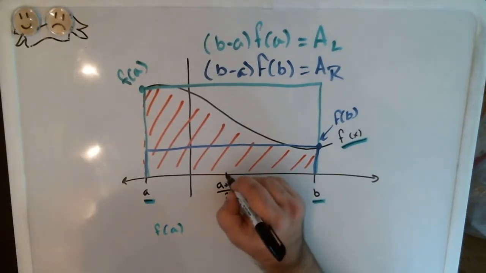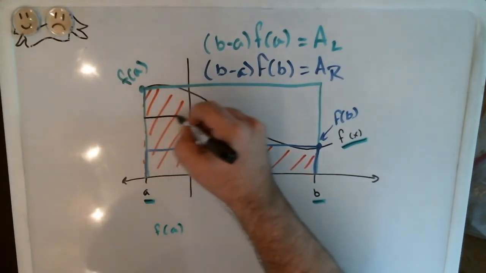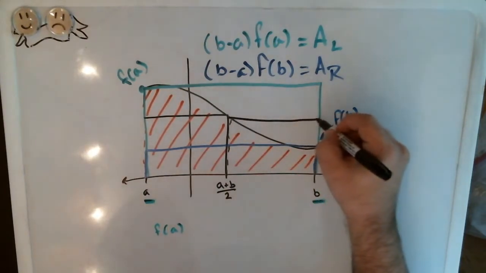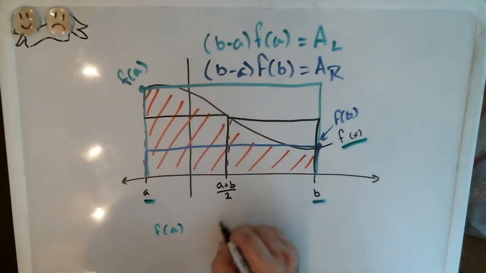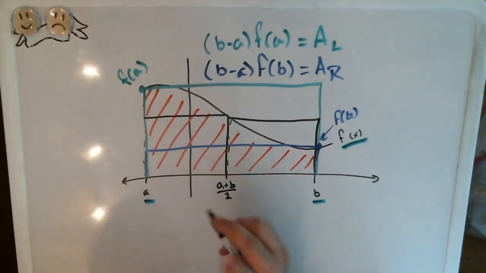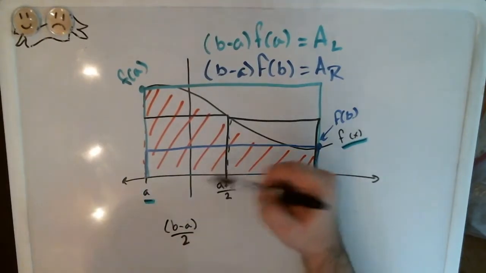And I can extend a rectangle from there, and I can either use the left endpoints, which looks a little something like that. And those rectangles would be, if I write it down in all of its ugly glory, the width of this is a plus b over 2 minus a. So that's b minus a over 2 times the height.